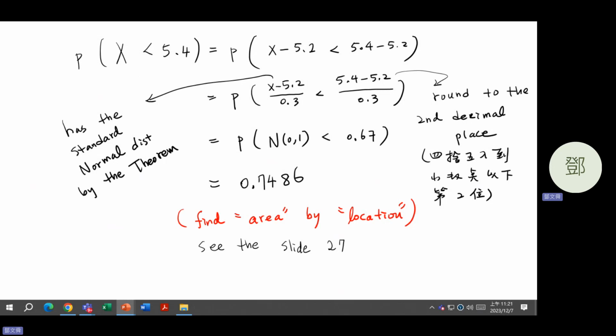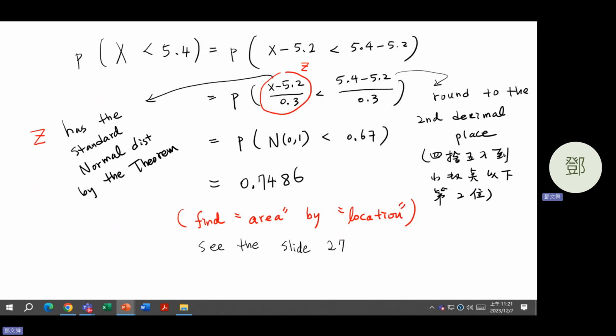So by the theorem in the previous slide, what is the distribution of the transformed variable? This is the Z in the theorem. Z has the standard normal distribution by the theorem.